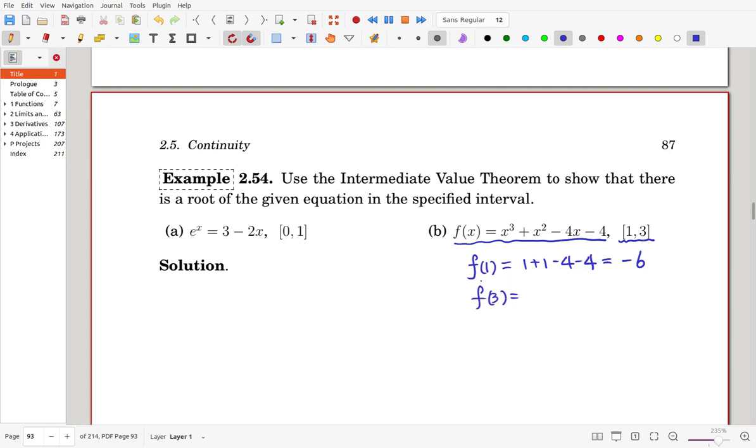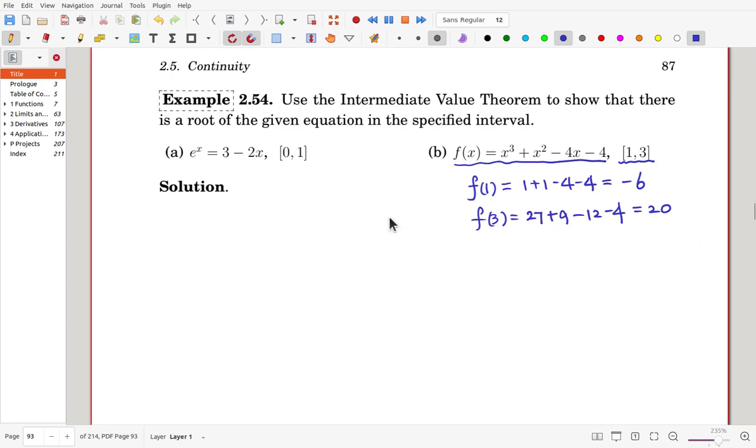These are the endpoints, 1 and 3, and we are checking the values. At 3, there's 27 plus 9 minus 12 minus 4, so that whole thing is 20.